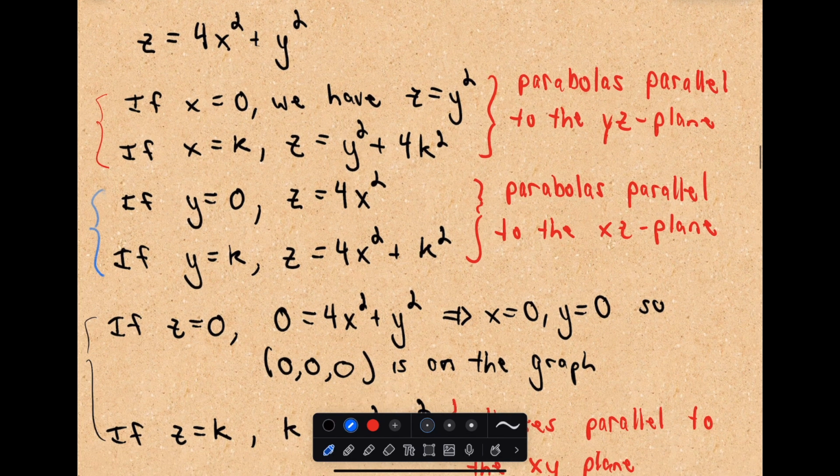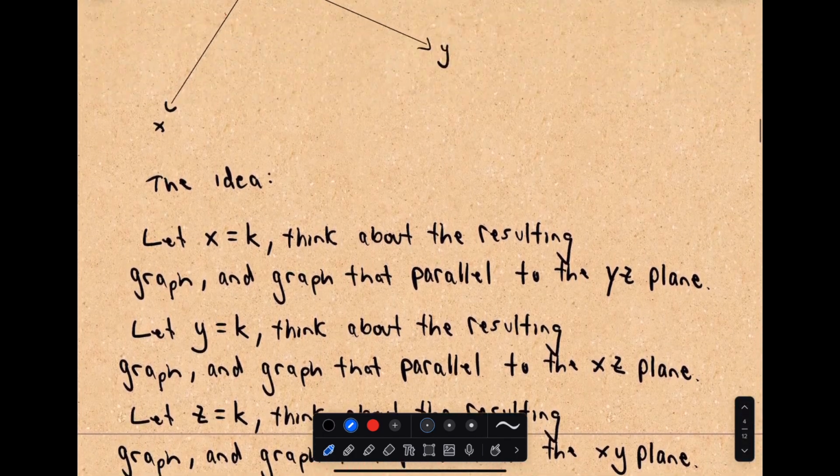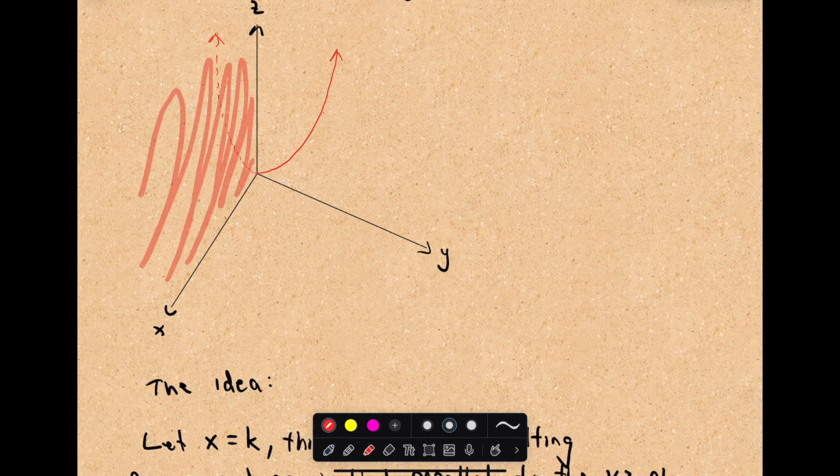There we go. Okay, so if y equals 0, again, we're going to get this parabola. So I'm just replacing y with 0. Now we're just left with z equals 4x squared. So again, this is just going to be a parabola, but now it's going to be in the xz plane. So let's go back up. The xz plane, you can think about that as kind of being like this left wall.